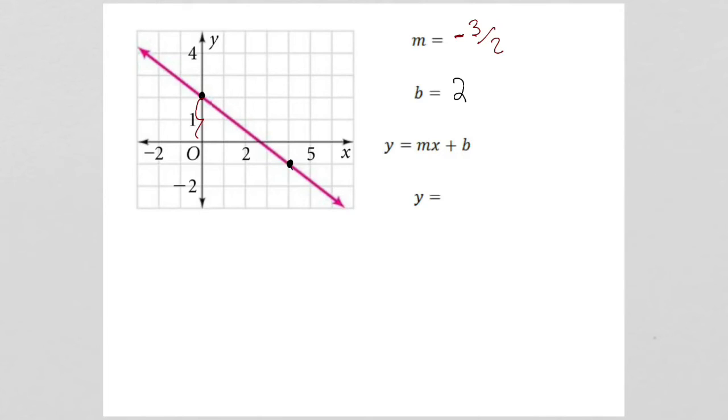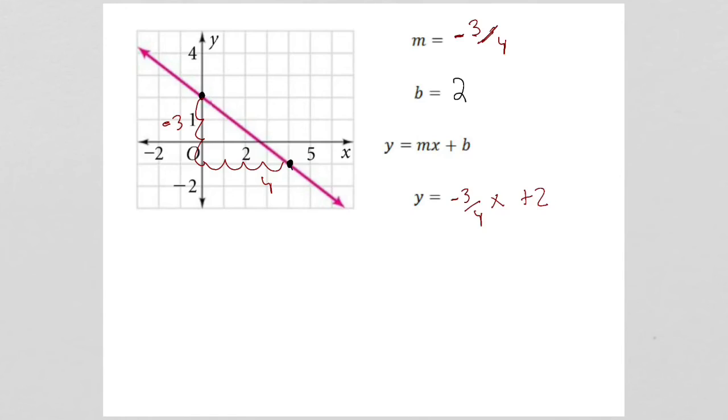We drop down 1, 2, 3, and we move to the right 1, 2, 3, 4. Oh, I don't know why I said 2. It should be -3/4. Now that we have both pieces of information, we can write the equation of this line: y equals -3/4 x plus 2.